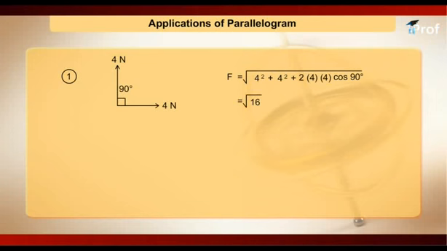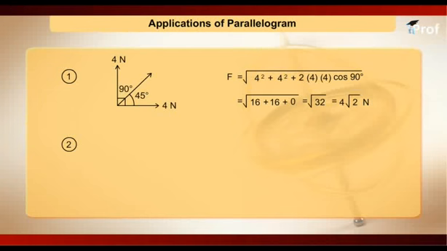This will give us under root 16 plus 16 plus 0, which is equal to root 32, that is equal to 4 root 2 Newton. And if we want to calculate the direction of this resultant force, it will be at an angle of 45 degrees with the force of 4 Newton.